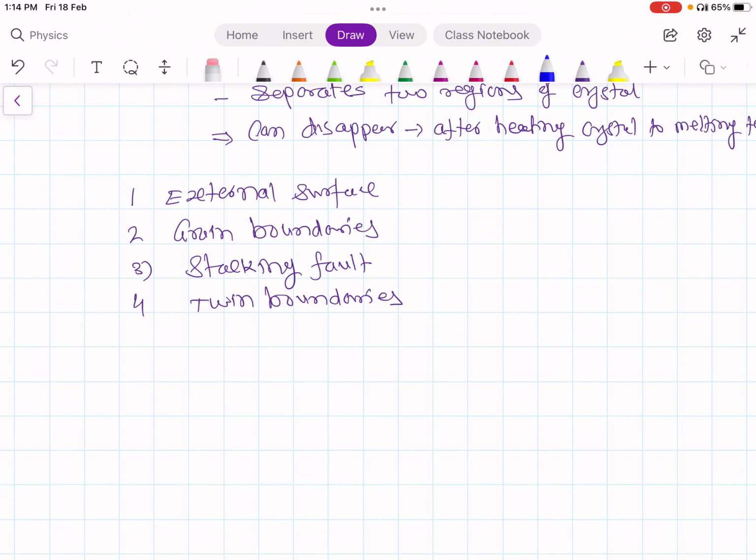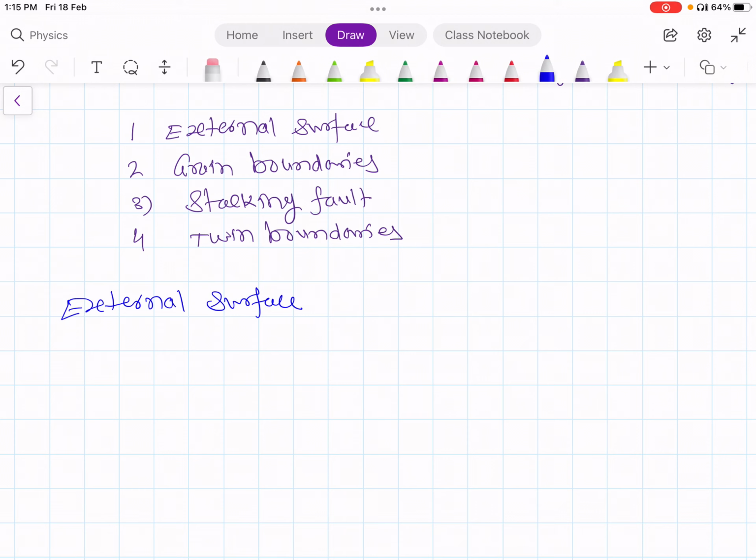The first one is external surface of any crystalline material. Let me show you the diagram. Say this is the block of some crystal material.